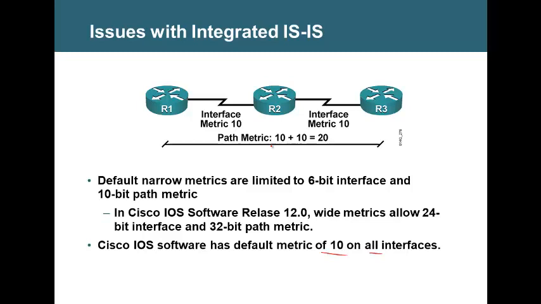0, 0, 1, 0, 1, 0. This is 10, right? 6 bits. 8 plus 2, 10. Whereas for the path metric, 10 bits are used. To write this 20, which is the path metric, 10 bits are used.